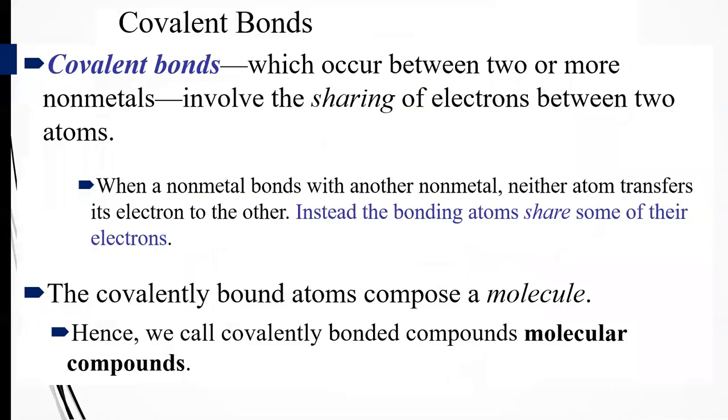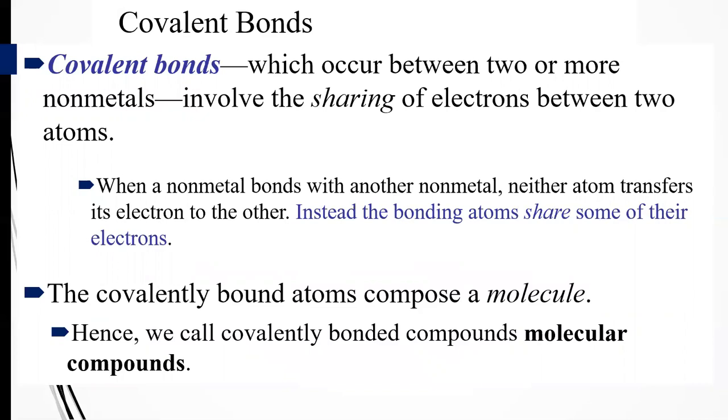Now, covalent bonds are something different. Covalent bonds occur when we have two nonmetals, and it's because we're going to share electrons between those two atoms. Unlike an ionic bond, where the attraction is spread out between many different ions, covalent bonds are directional.